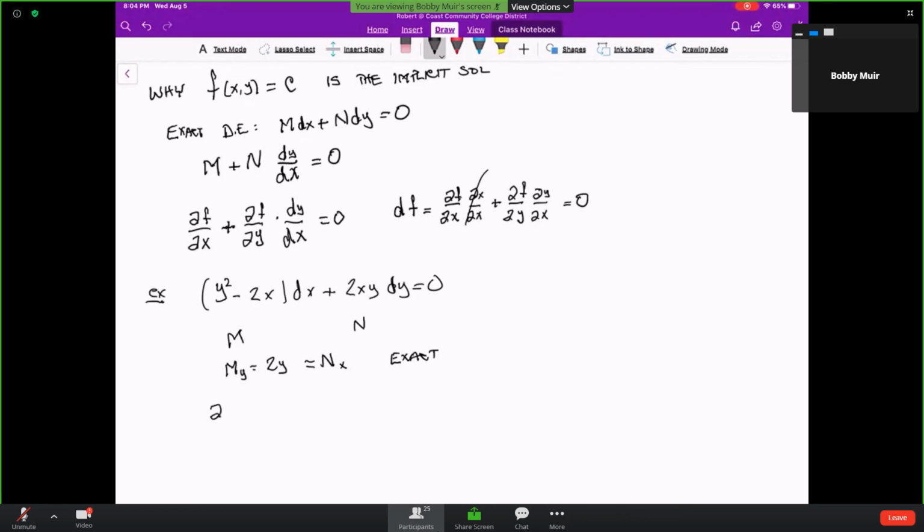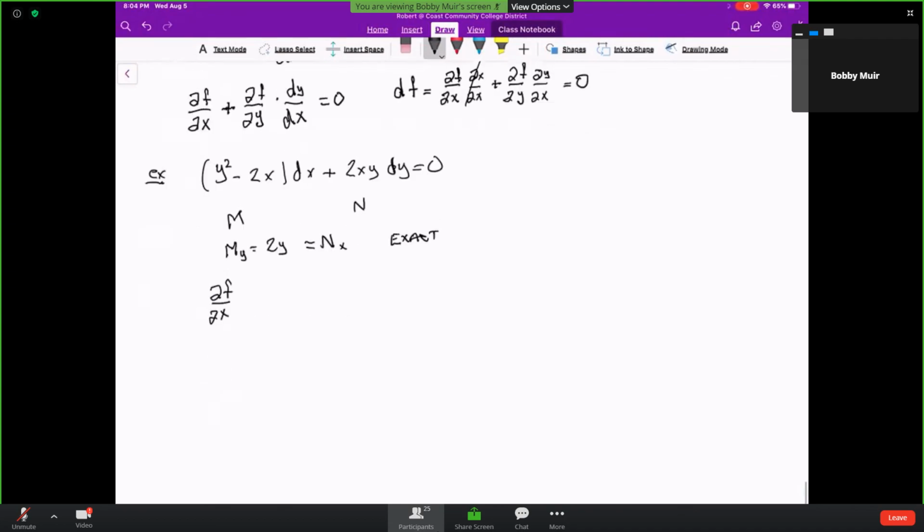Okay, so I've got a function where the partial derivative of it with respect to x is going to give me y squared minus 2x. So that tells me that the f must be x y squared minus x squared plus a function entirely of y alone.